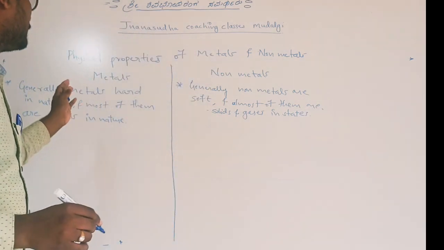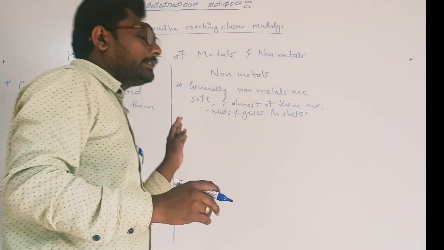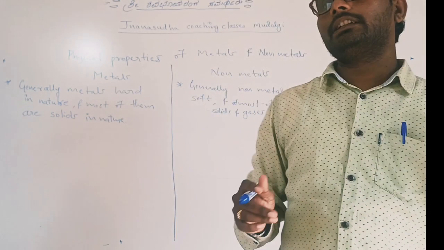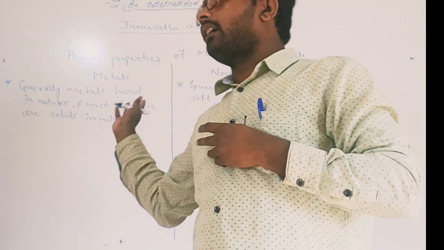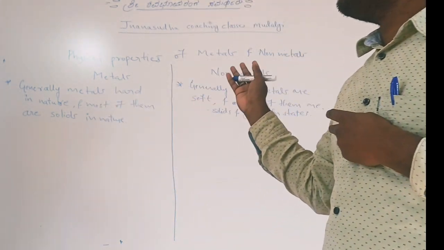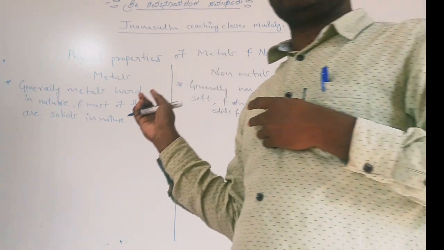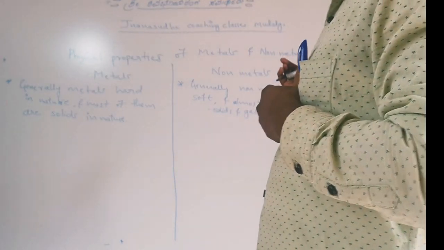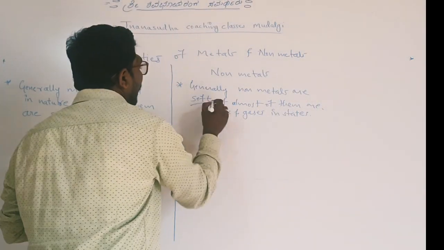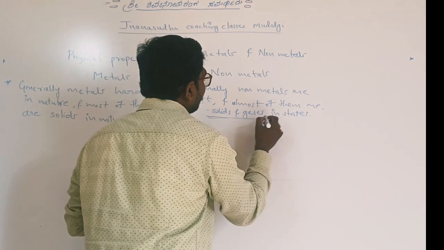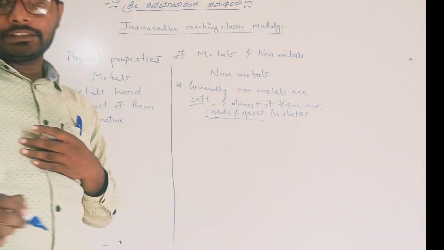This is the first difference between metals and non-metals. Almost all metals are hard in nature and most of them are solids. Most non-metals are soft, and they occur as solids and gases.